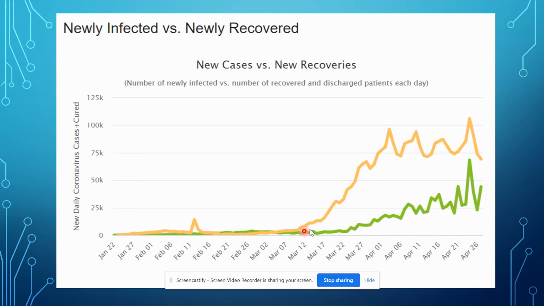So the yellow line is the cases, people infected. You can see how that changes over time. Green line are people cured. You can see that change over time. Boy, it'd be nice to see the number of people cured greater than the number of new cases.